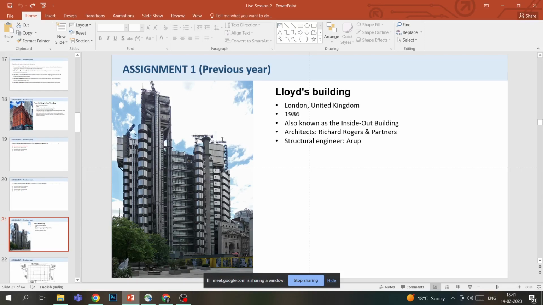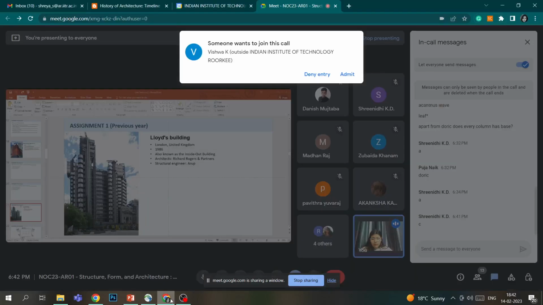So Lloyd's Building is in London, UK. It was built in 1986. It is also known as the Inside Out Building, and it was built by the architects Richard Rogers and Partners.